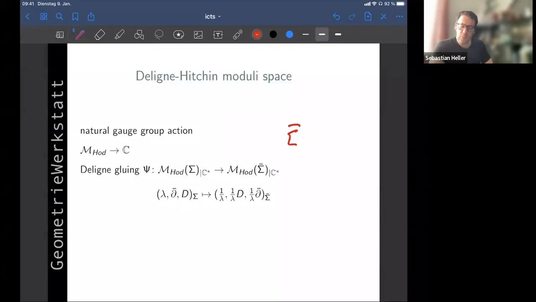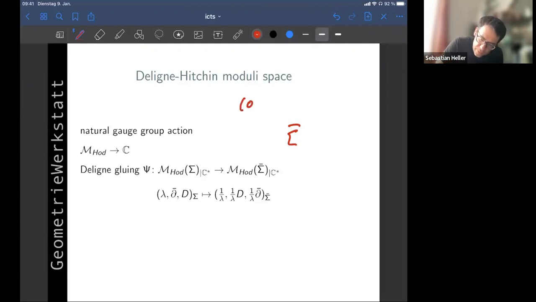And you have a natural way of gluing these Hodge moduli spaces over C star by this simple looking formula. We just move lambda to 1 over lambda. We change D and del bar by rescaling them, because the 0-1 forms on sigma are just the 1-0 forms on sigma bar.